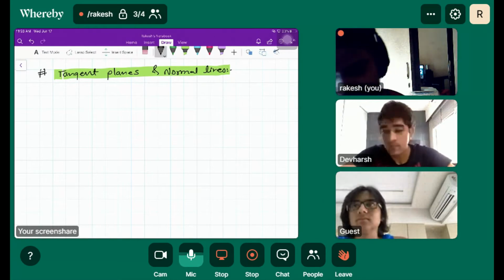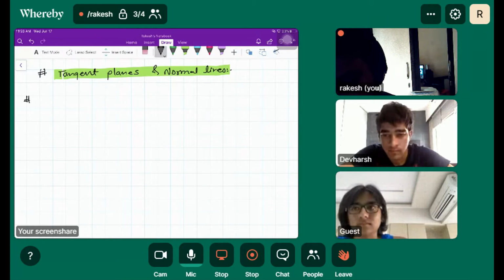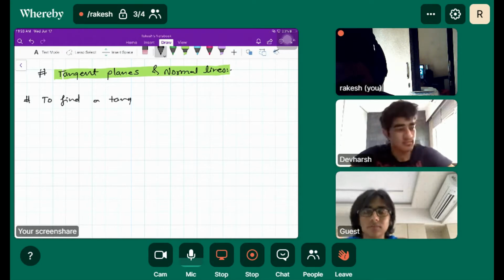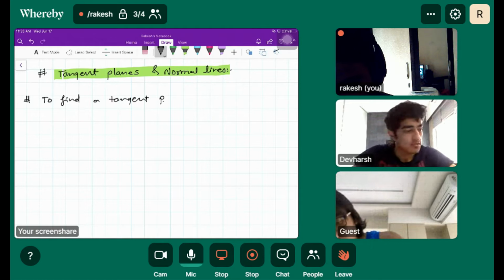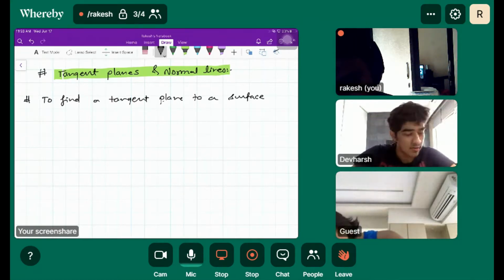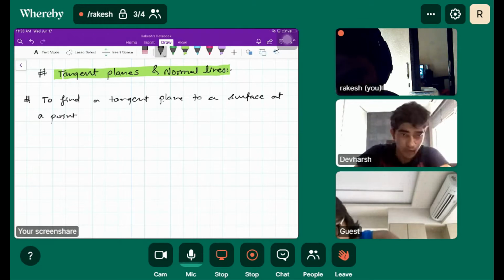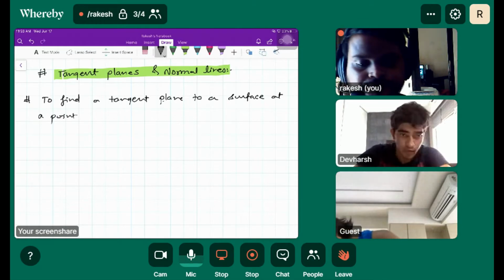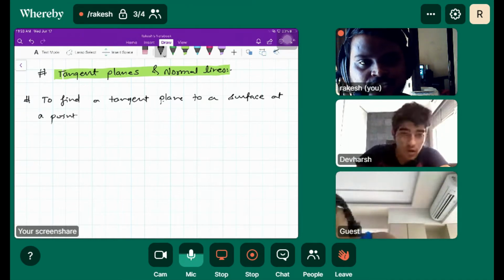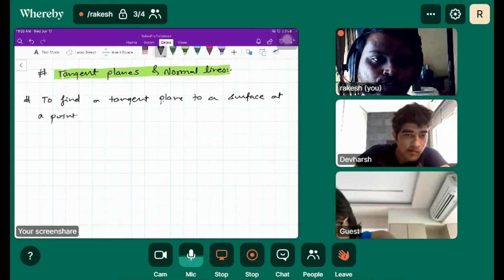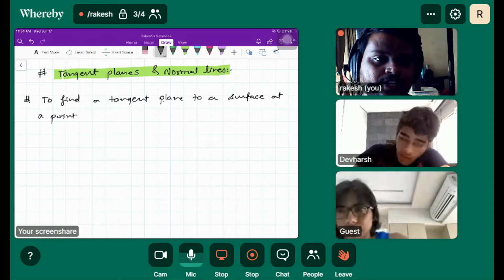Okay, so write down this: to find a tangent plane to a surface at a point. What do we require to find a tangent plane, or to find the equation of a plane?